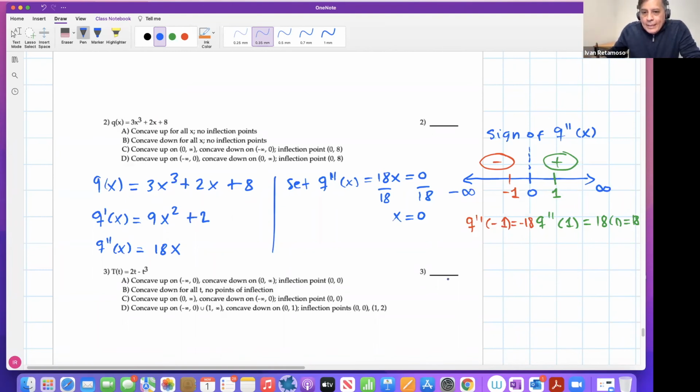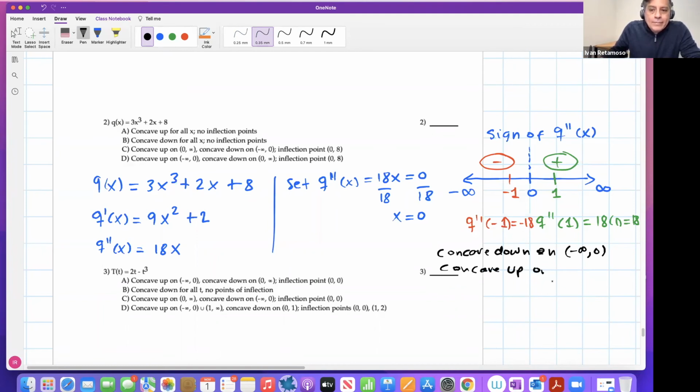But not only that. Look, the report here says concave down on (-infinity, 0), concave up on (0, infinity). And not only that, there is a change of concavity.